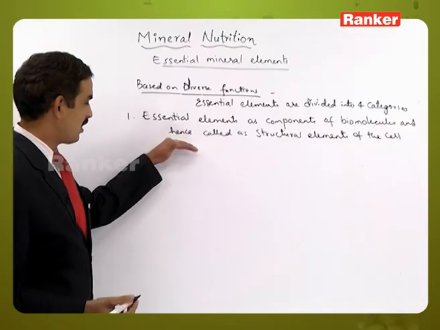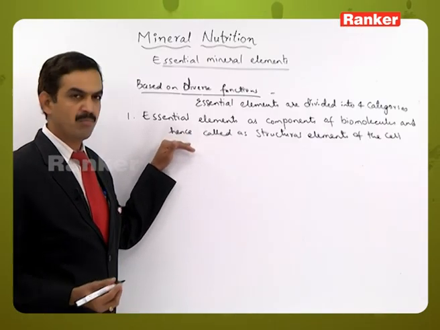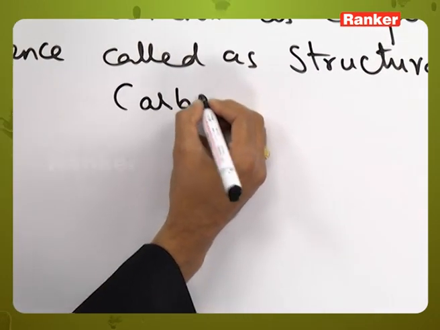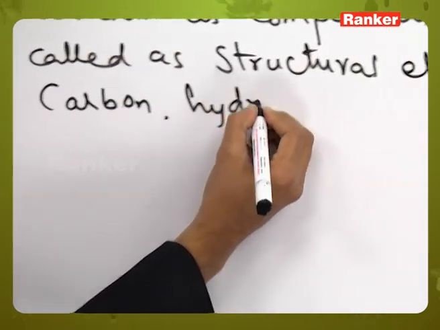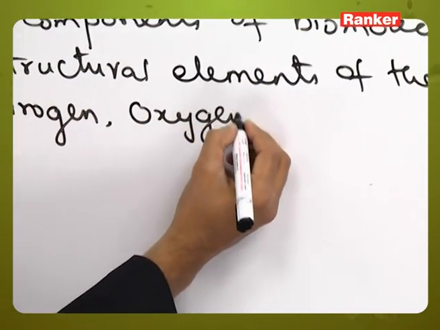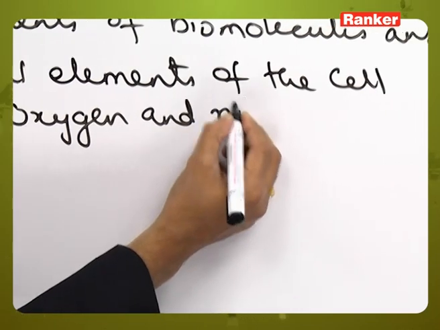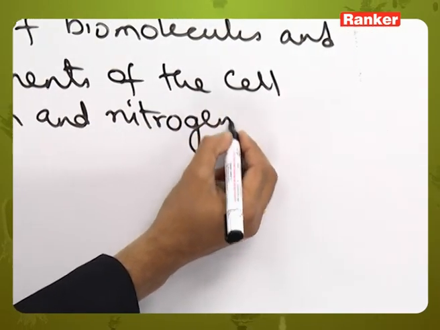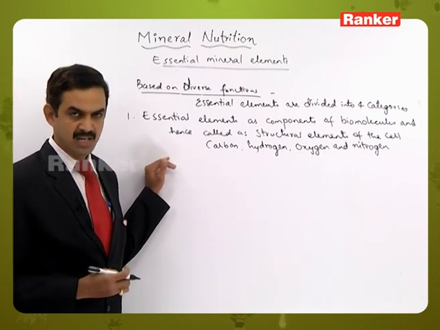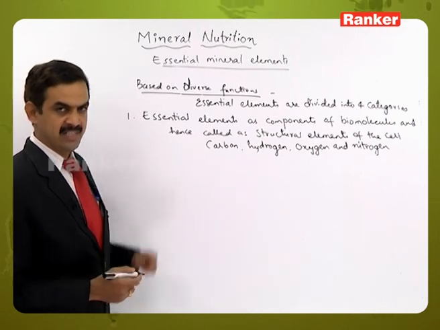These are the major constituent part of the biomolecules, which include carbon, hydrogen, oxygen and nitrogen. So this is the first one, which are part of the major constituent biomolecules inside the plant cell.